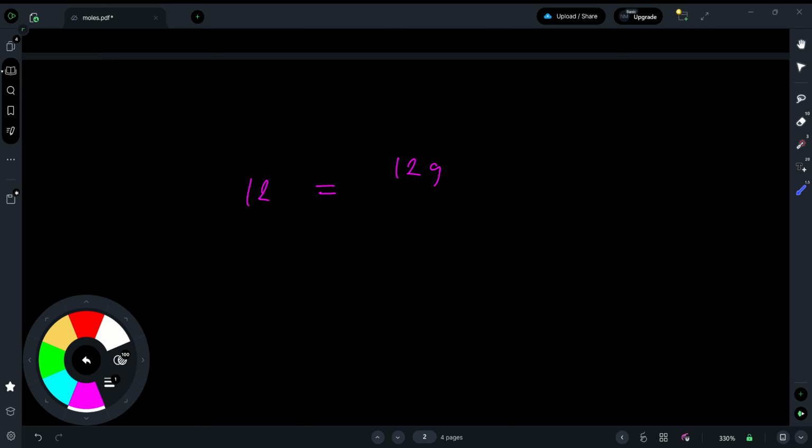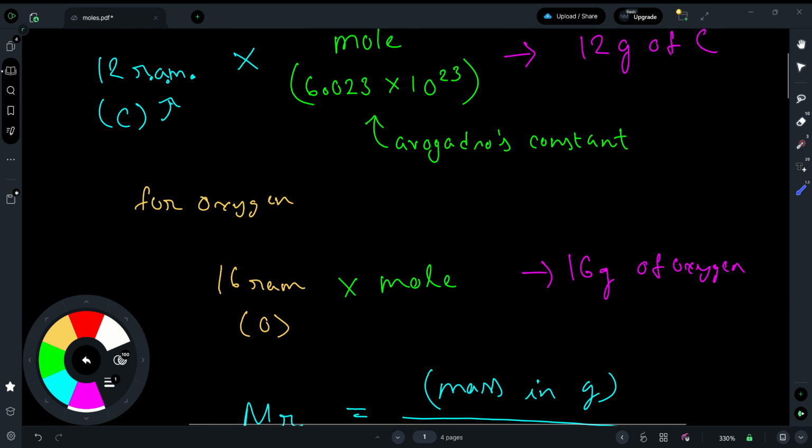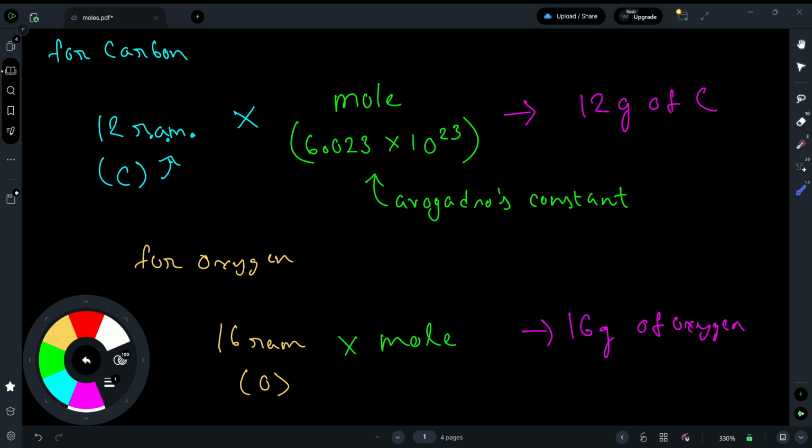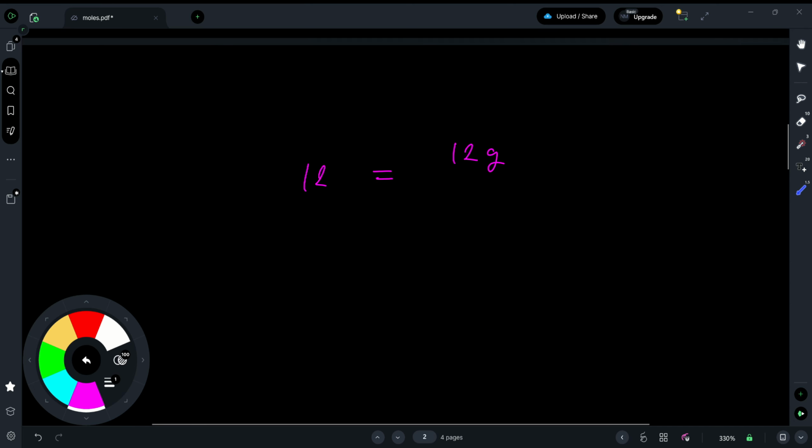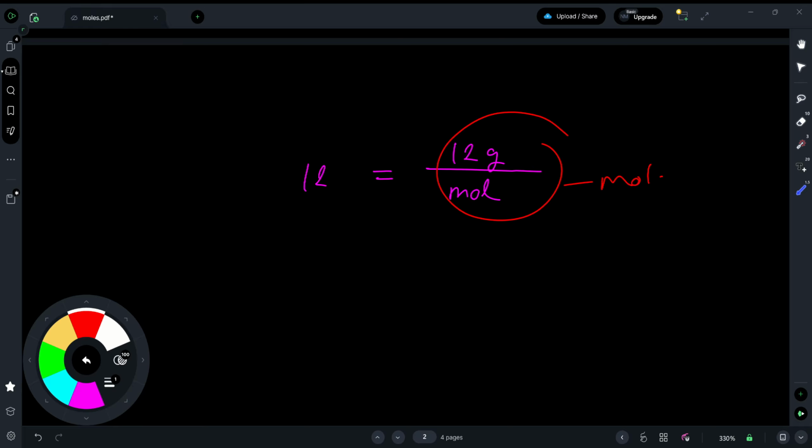Remember, we get 12 grams of carbon for 12 atomic mass units. So 12 grams per mole. And this is the molar mass of carbon. This just means per mole of carbon, you will get 12 grams.